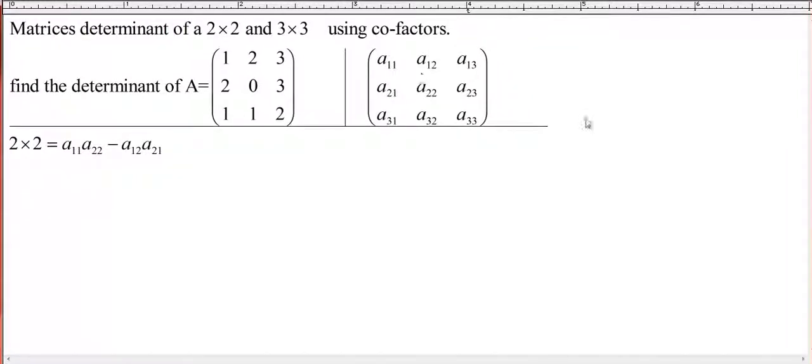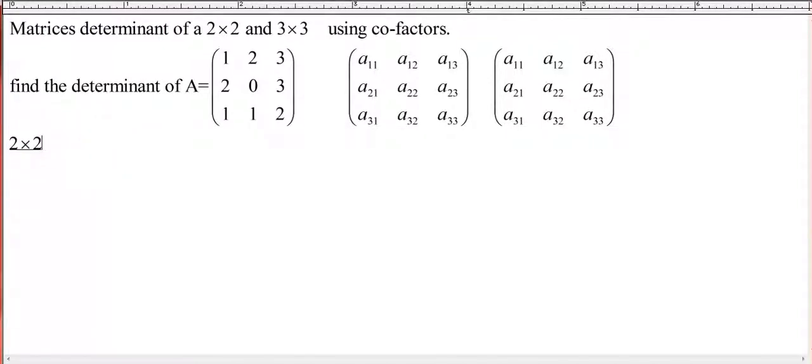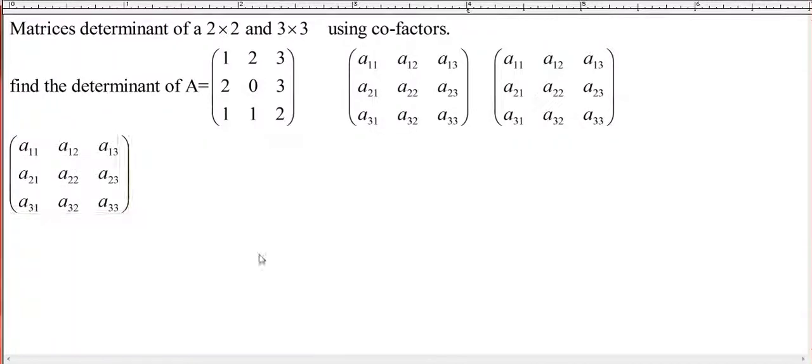Okay, so we are now having that matrix, and another matrix. We are trying to reduce these matrices to a 2 by 2 matrix.